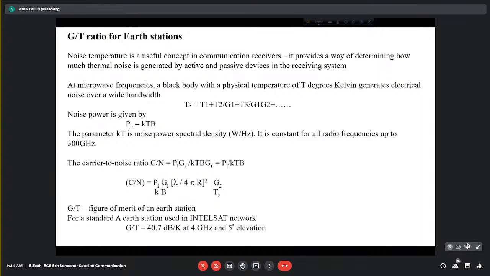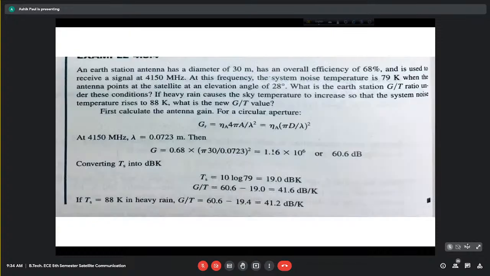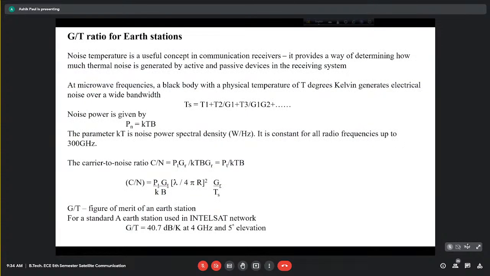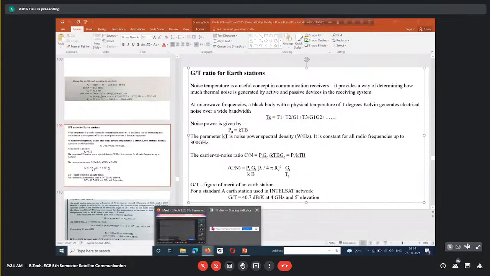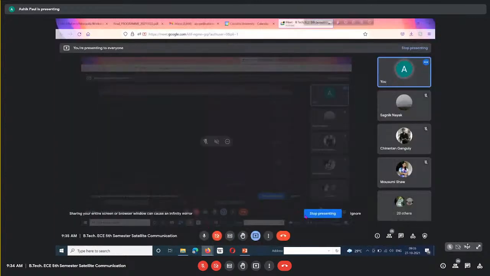Once that noise contribution gets reduced, your G by T ratio increases because the carrier to noise ratio also increases. So let us now try to work out this simple problem of calculation of G by T ratio.